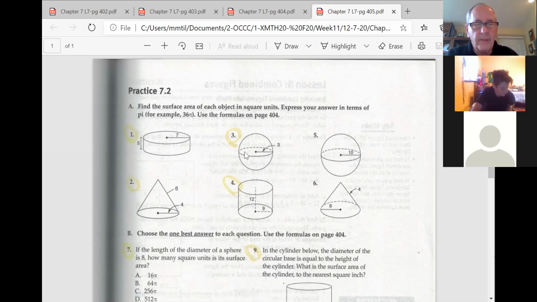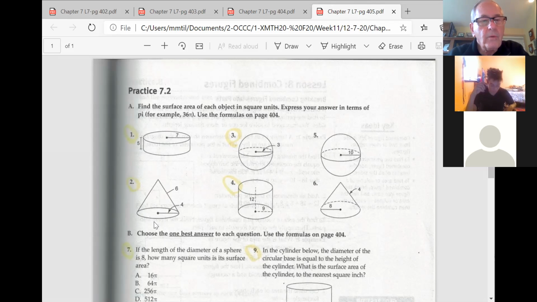And this one would be like surface area of a sphere, and that's that formula, which I can't remember what it is. The 4 times pi r squared. That's pretty simple, really, to use that one. And here's another one that's the same as 3.